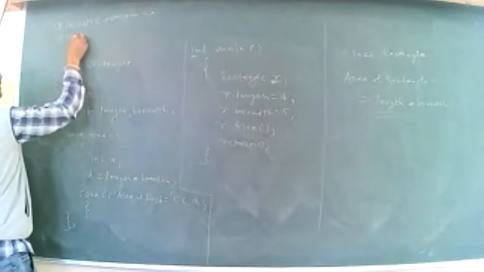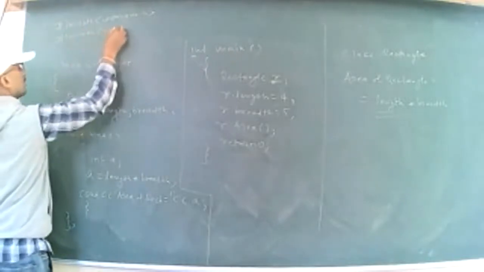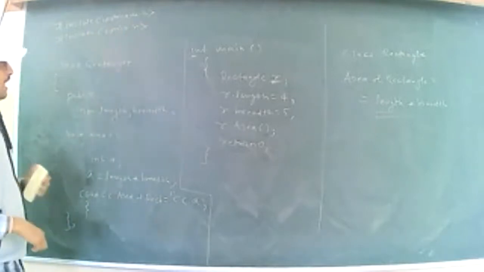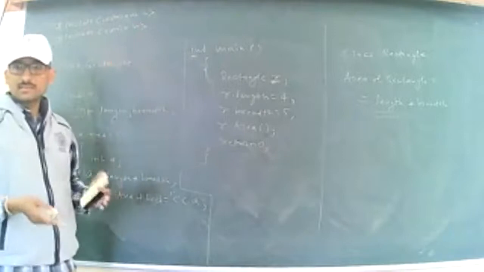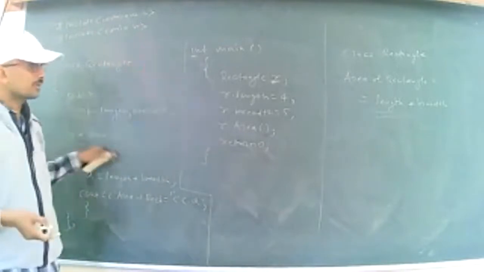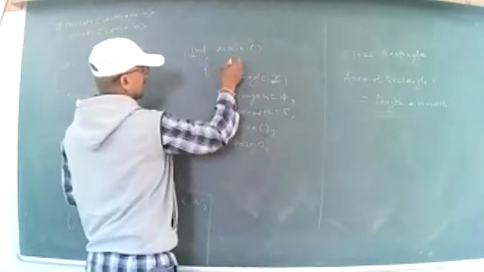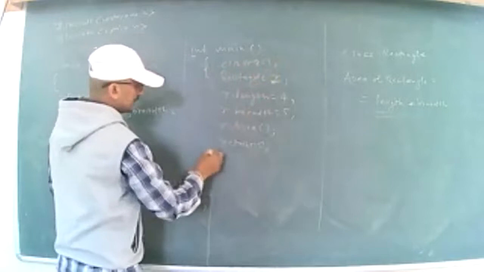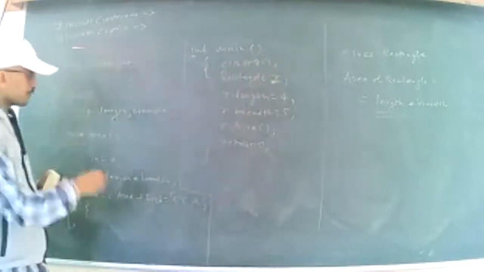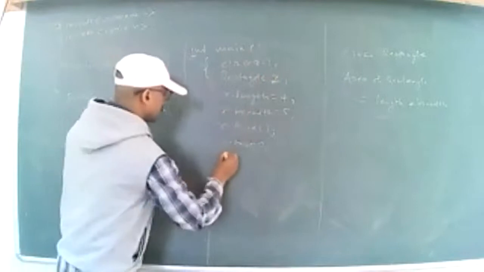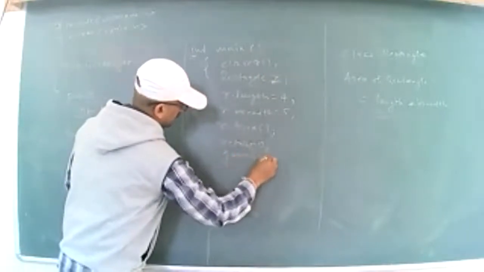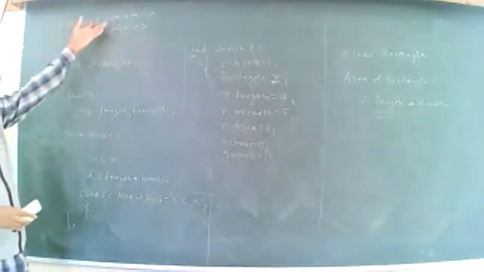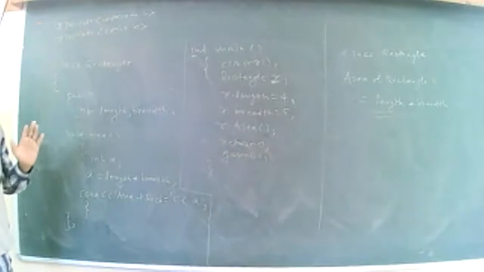Now I am also using #include <conio.h>. To have a clear screen every time I execute this program, I am using clrscr here, and here also getch, so that your console screen holds for some time.